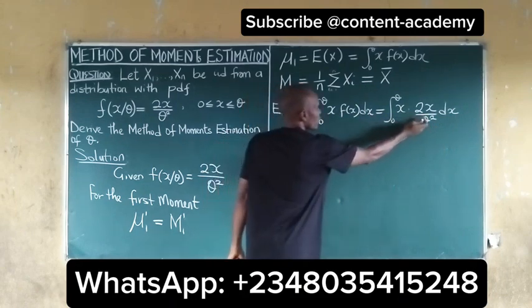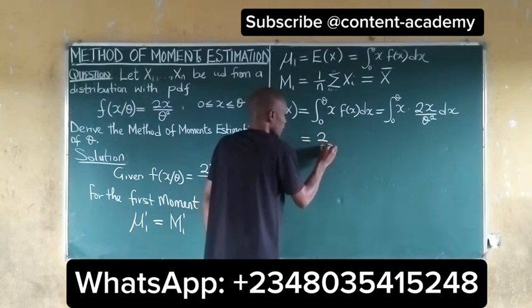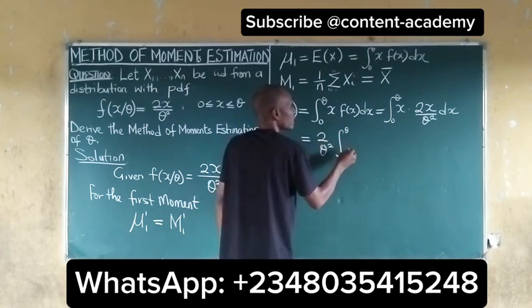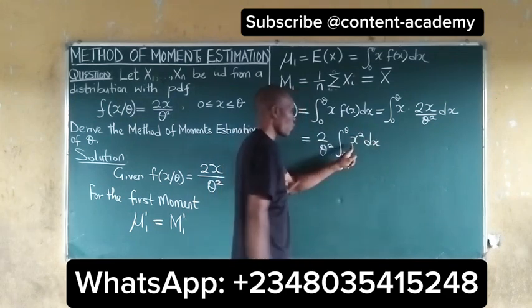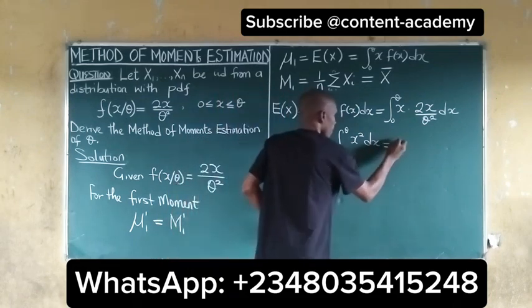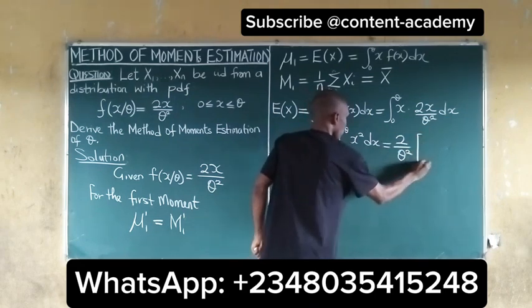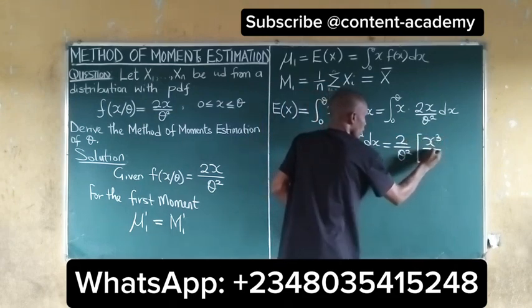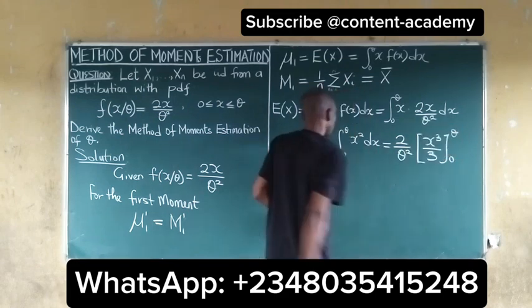We can bring out the constant, 2 over theta squared, times the integral from 0 to theta of x squared dx. Integrating, we have 2 all over theta squared times x cubed all over 3, from 0 to theta.